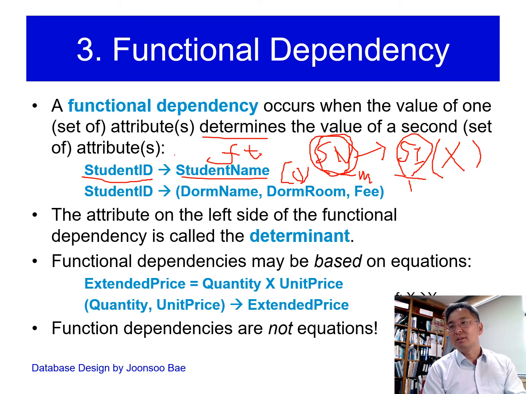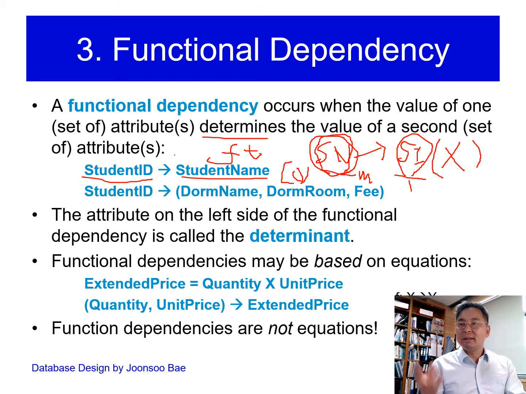How about dormitory room? If you know the student ID or student number, then you must know which dormitory room he or she lives in. In the same way, if you know the student ID, then you know the fee of the dormitory.